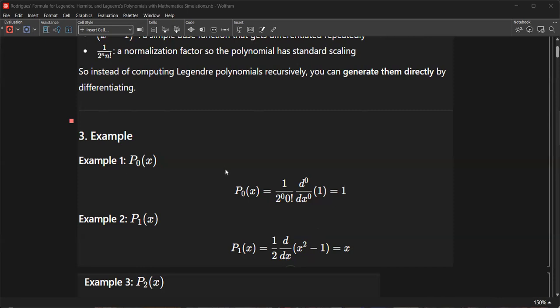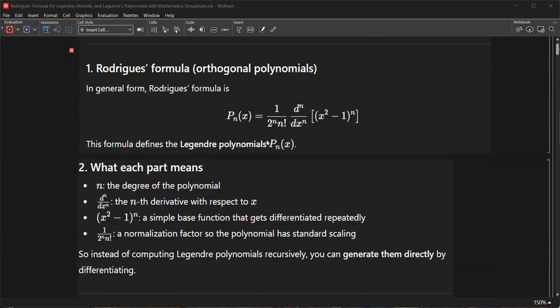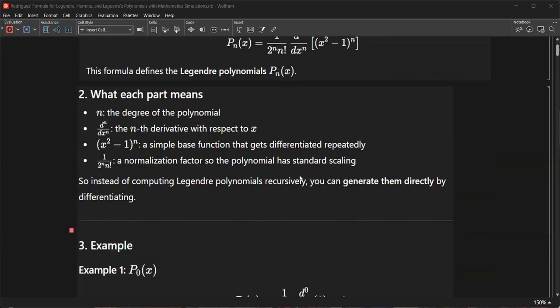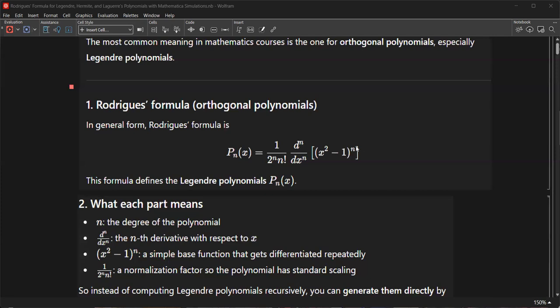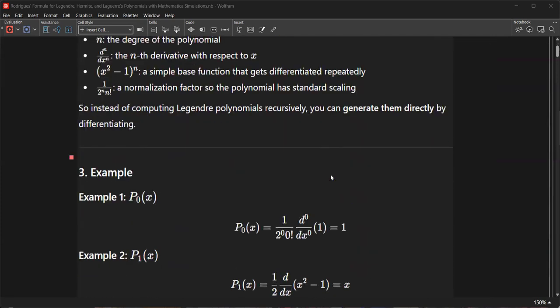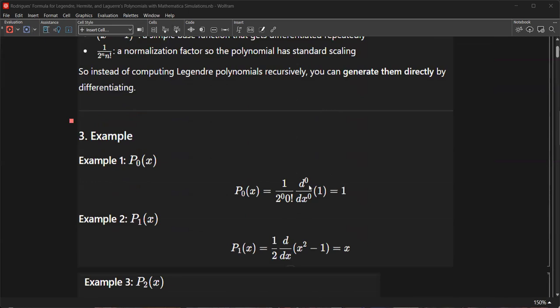At n equal to 0, we substitute in the Rodrigues formula: 1 over 2 to the 0 times 0 factorial, which becomes 1. Then we just write the given function, and there is no derivative because n is equal to 0, so that is equal to 1.